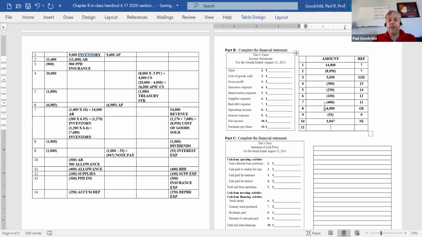Okay, so now we're going to do number 11 and earnings per share. So our formula would be net income divided by our weighted average shares, just common stock. And so that equals 3,947, and we're going to divide it by our 19,600 shares outstanding.